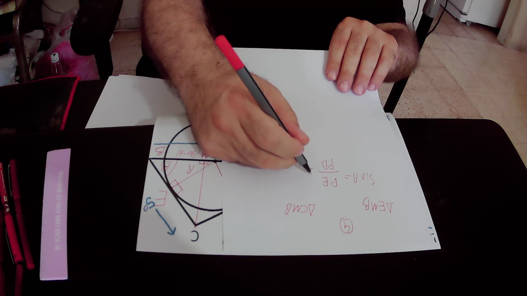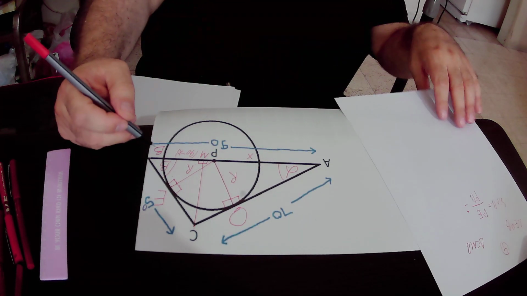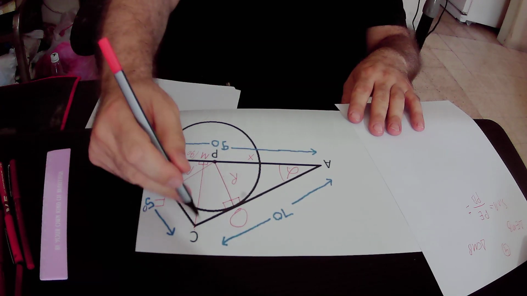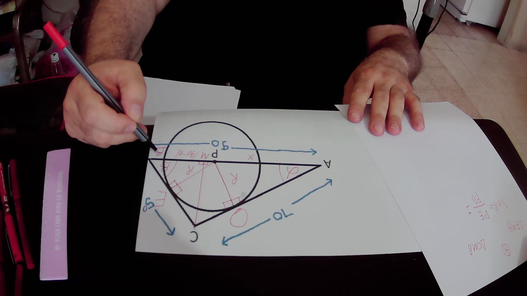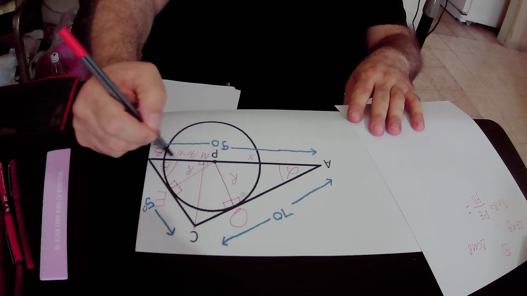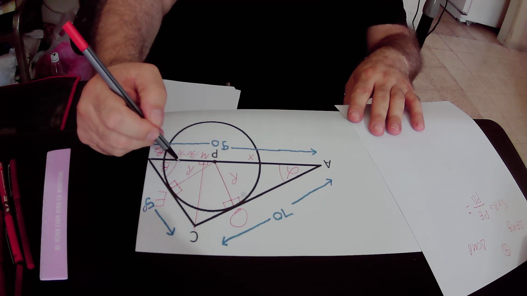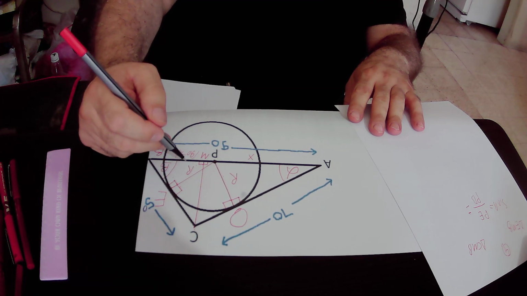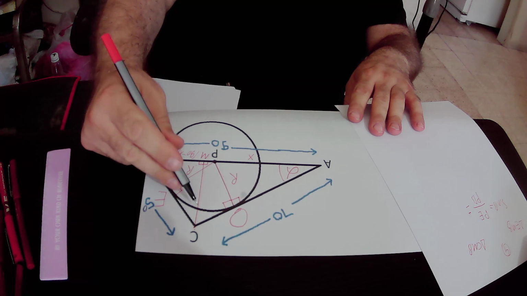And if we focus on the right triangle CMB, sinus beta will be the side that is in front of angle beta.